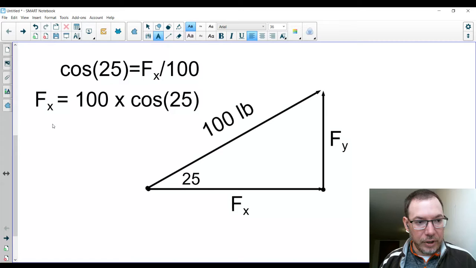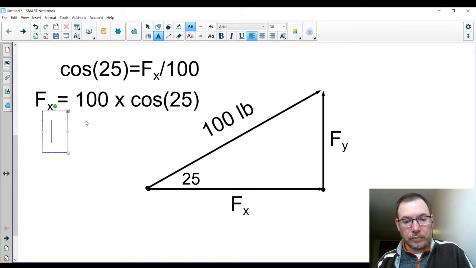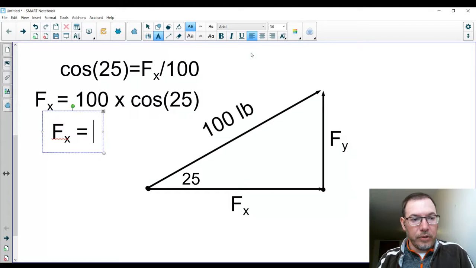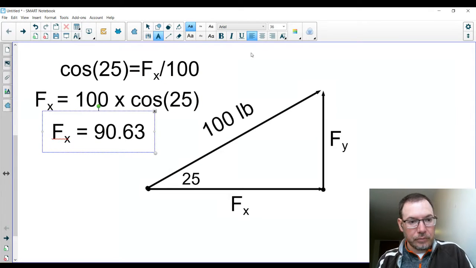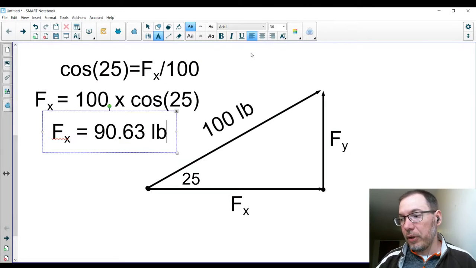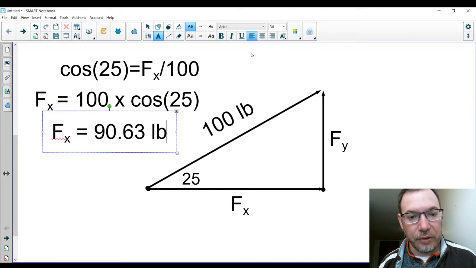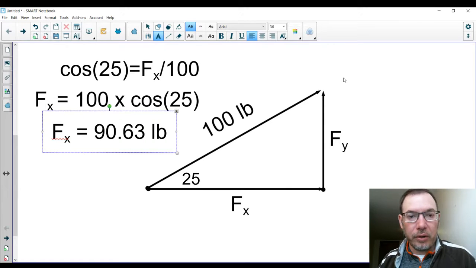And so 100 times that, we end up with f of x equal to 90.63. That would be pounds. So that's how much of my force is pushing to the right. Out of 100 pounds, the object we're pushing on is going to feel 90.63 pounds of force pushing it to the right. And then you can do the same thing for f of y.